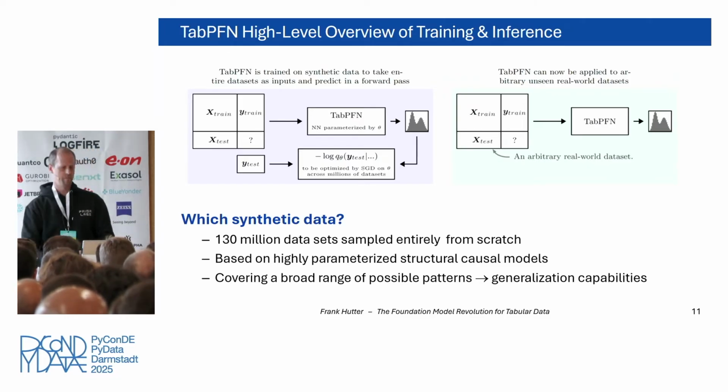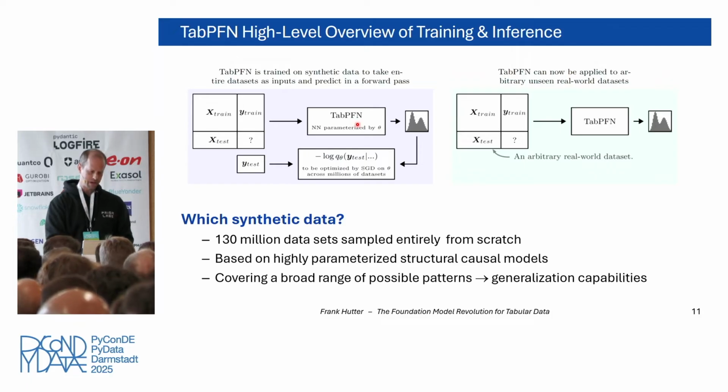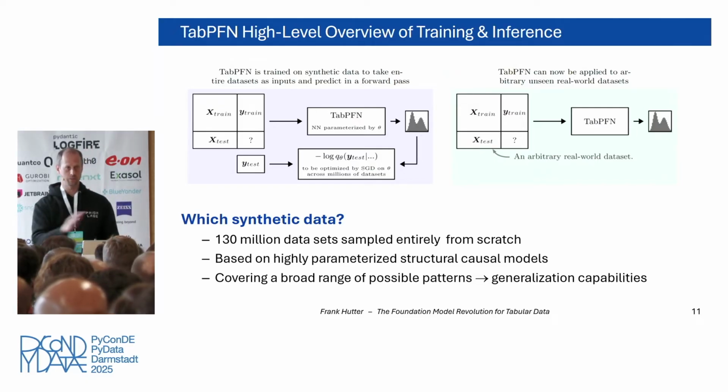And then at test time, after we've trained this TabPFN on hundreds of millions of synthetic data sets, we take it, and we have some real data sets. So this is the first time that we see a real data set. There we actually don't know the Y test, and it has the same interface. You just feed it in and get predictions for the Y test. And it's just one forward pass.